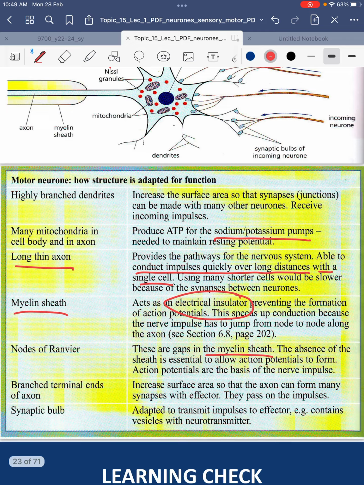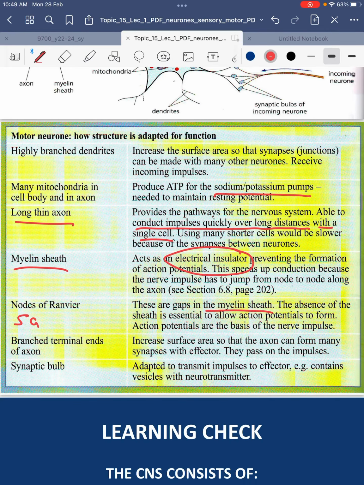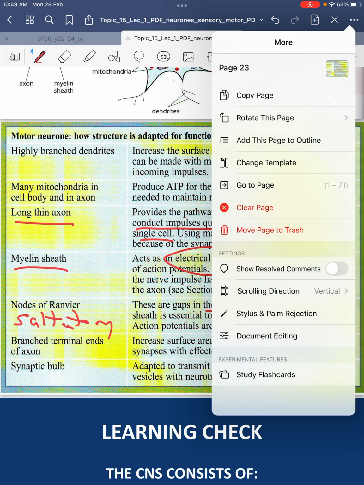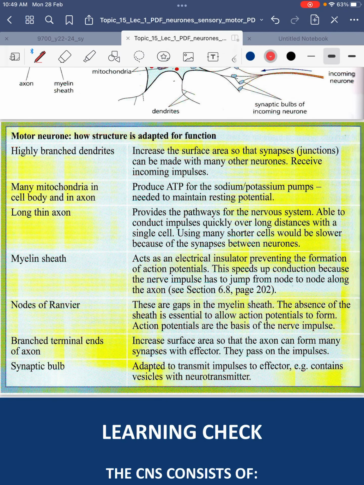So the presence of the nodes of Ranvier allows saltatory conduction. Now I'll just give you these names so that tomorrow when we come across this name, you are already familiar. Saltatory means jumping. Saltatory conduction.